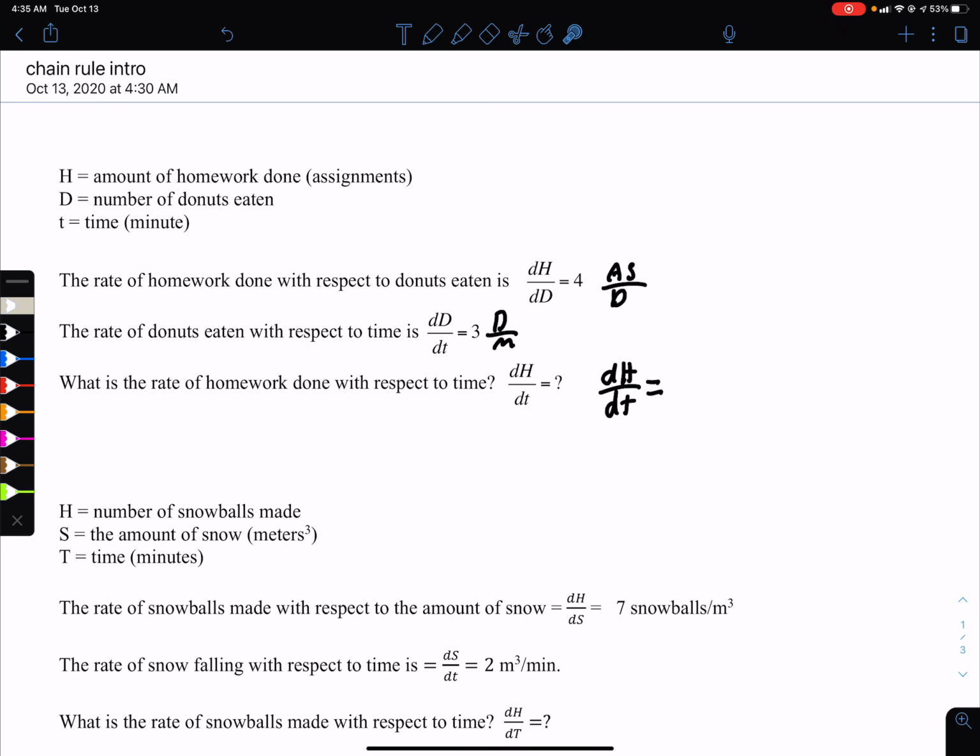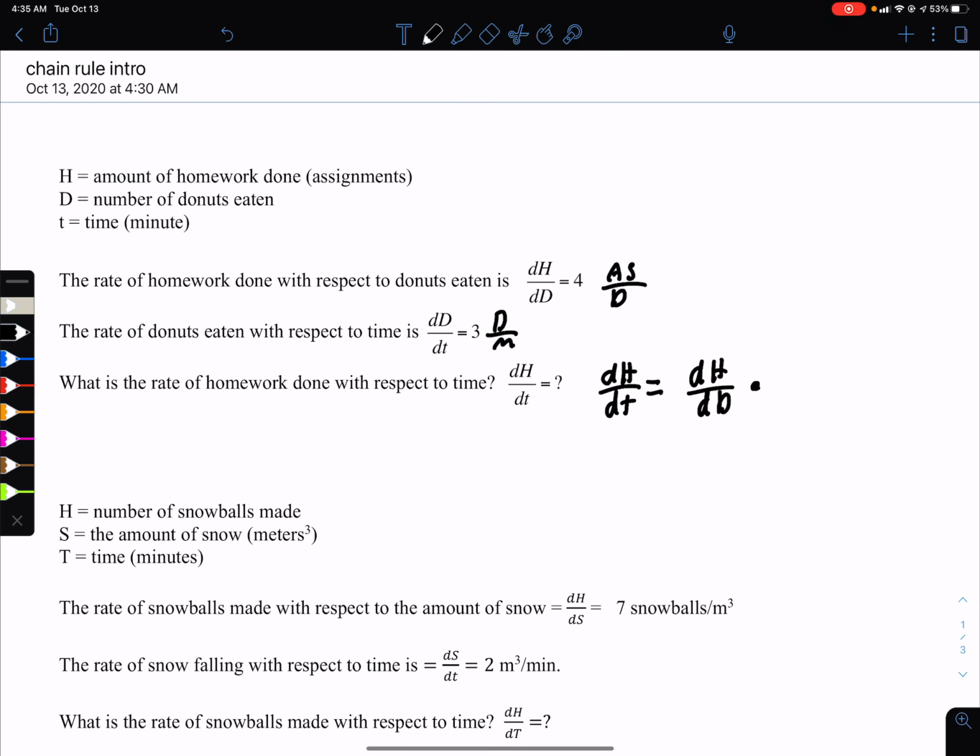Well, we know the rate of homework compared to how many donuts you eat. So we have dH/dD. That's how fast you do your homework compared to how many donuts you eat.